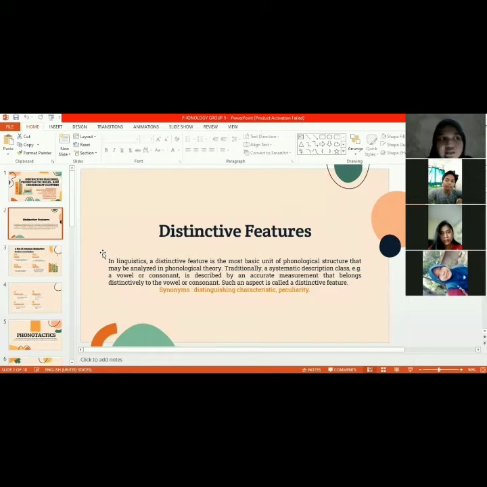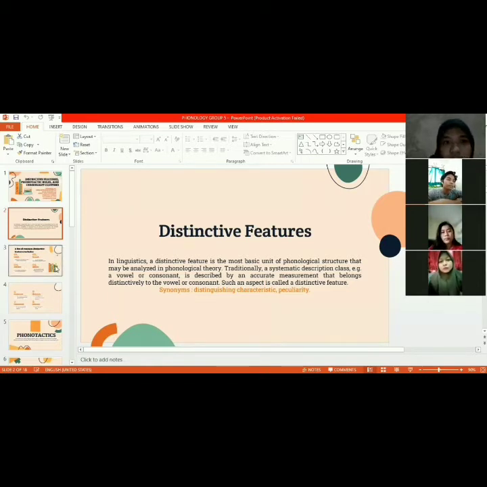So distinctive features are the rules of differences in sound. They are the differences between one sound and another, whether based on the place of articulation, nasal sound or not.